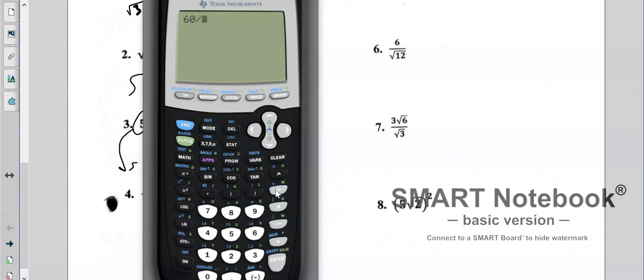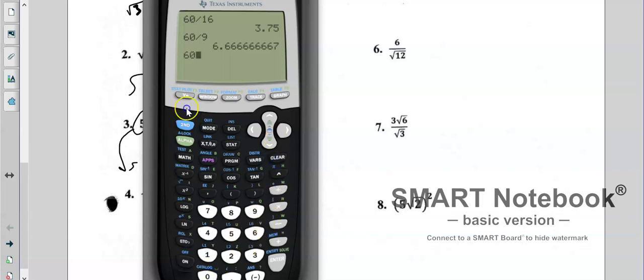That's obviously not going to go in. 36, no. 25, no. 16, no. And then you try 60 divided by 9, no.